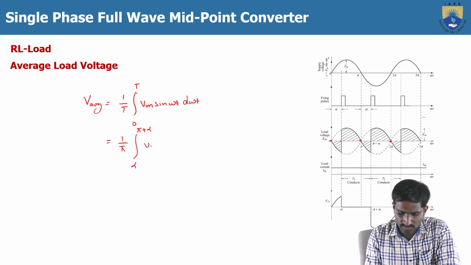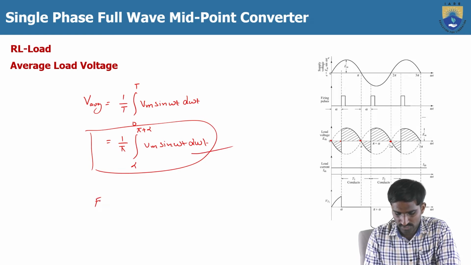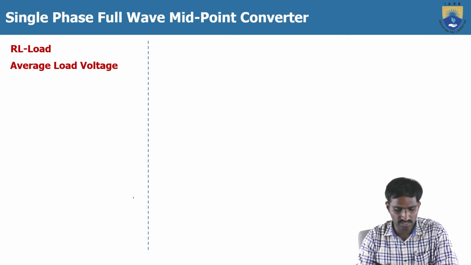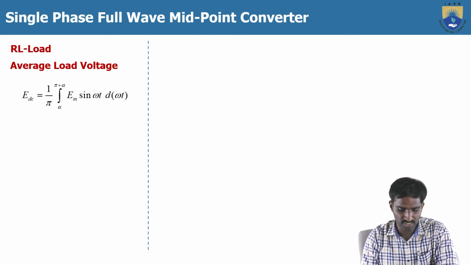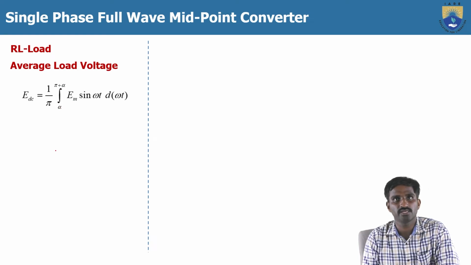Again this is Vm sine omega t d omega t. If you simplify this, we are considering the EDC value. EDC is equal to 1 by pi into the integral from alpha to pi plus alpha of Em sine omega t d omega t.